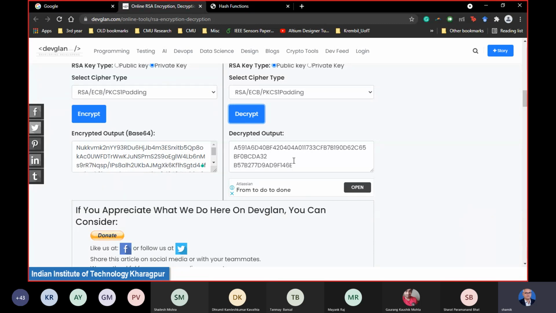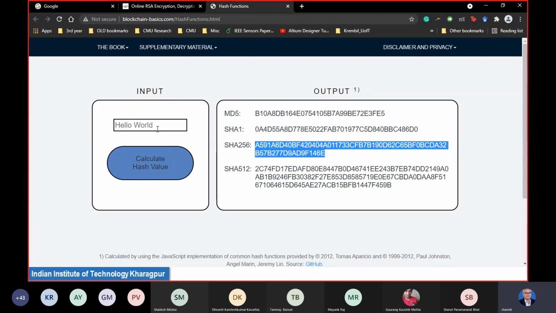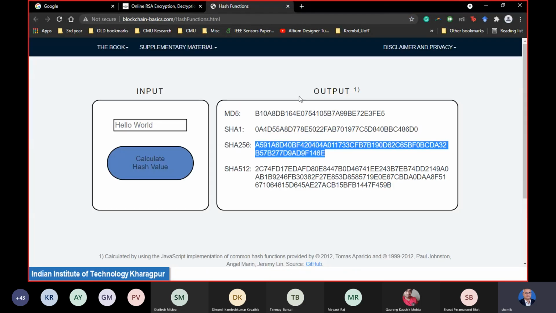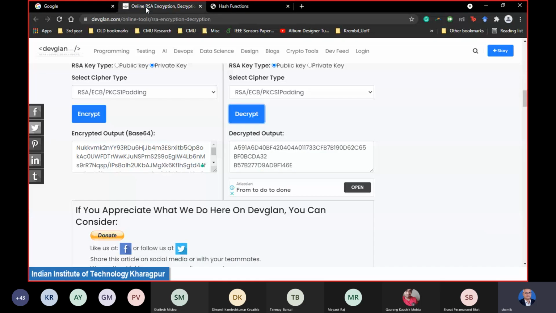And what will he do? He will simply go again to this application, type in hello world, and generate the hash value. And what he gets here, he will see that this A591, etc., whatever it is, matches that A591, whatever he got by decrypting using my public key. So he knows that the hello world that was sent was itself sent by Alice, and it was not tampered with.